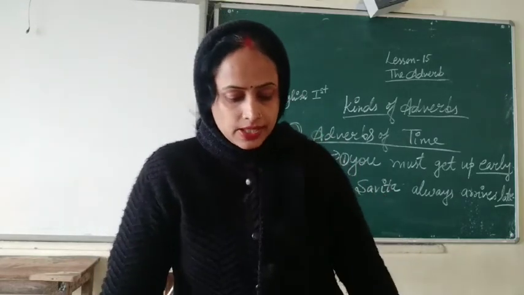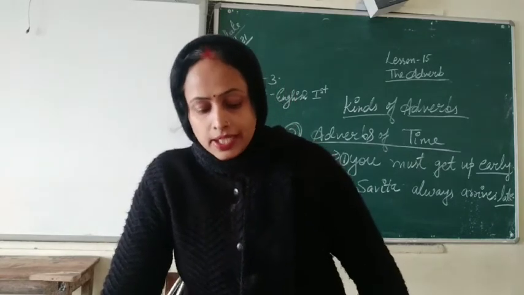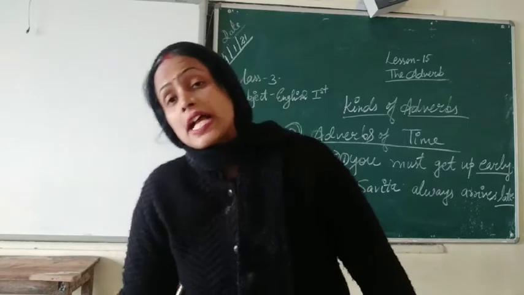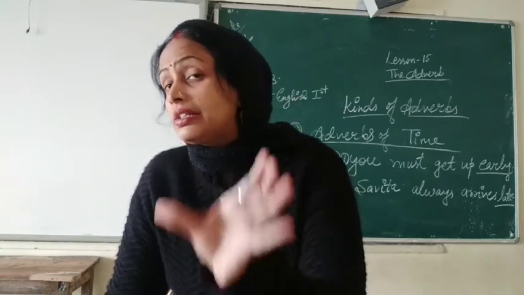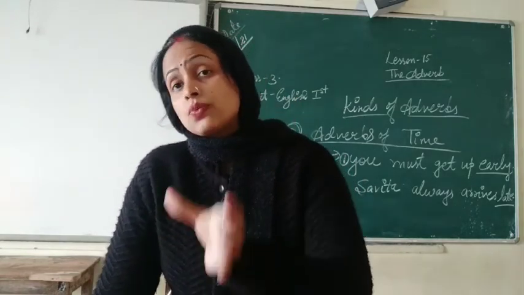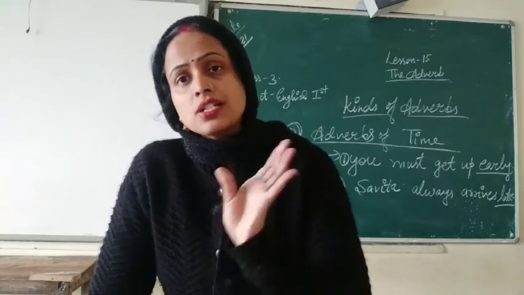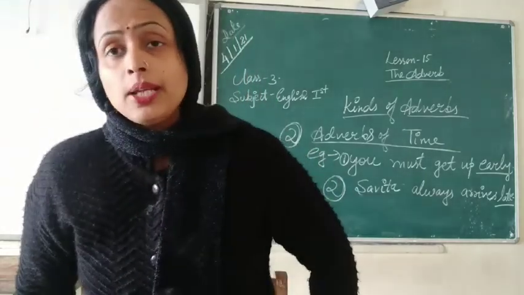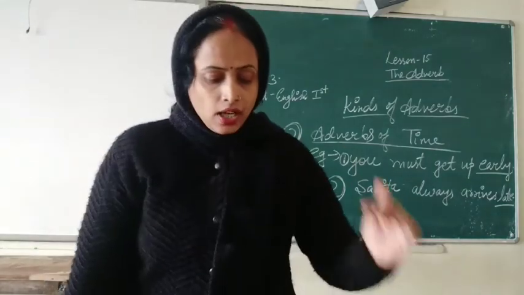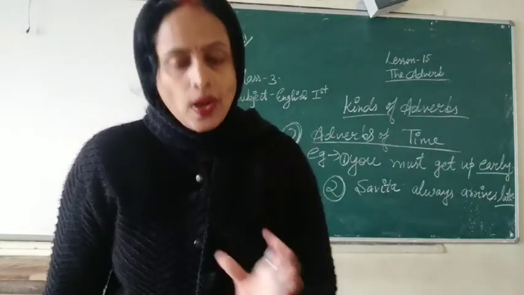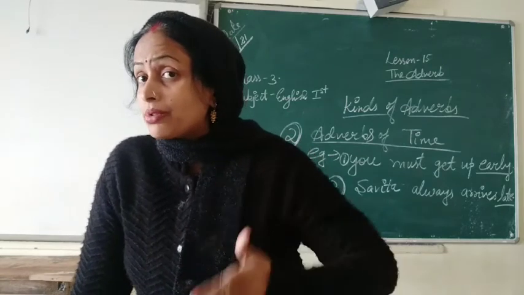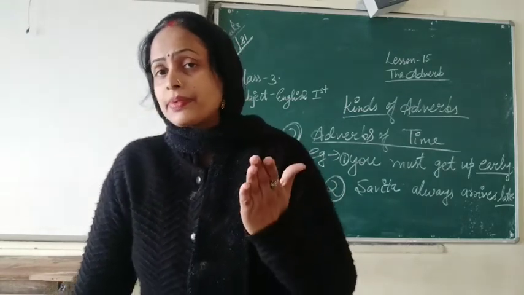So these words, yesterday, tomorrow, late, early, and immediately tell us the time of the action, when the action takes place, at what time the particular action takes place. Okay, so they are called adverb of time, and they answer the question when that particular action takes place.